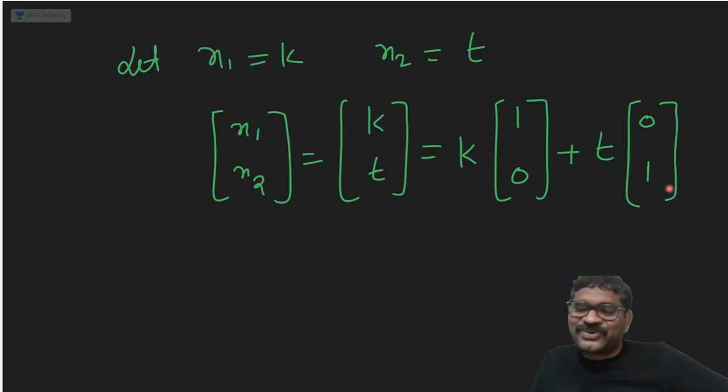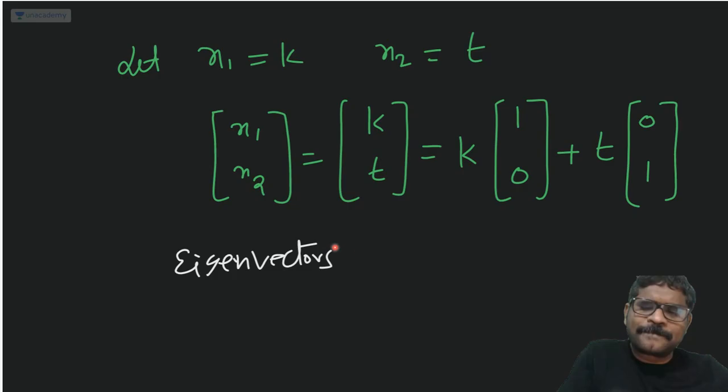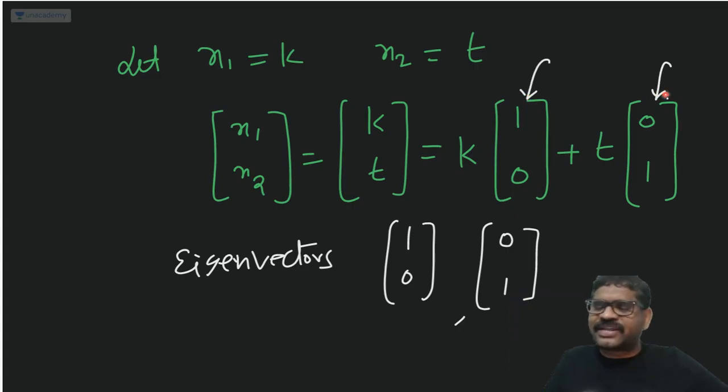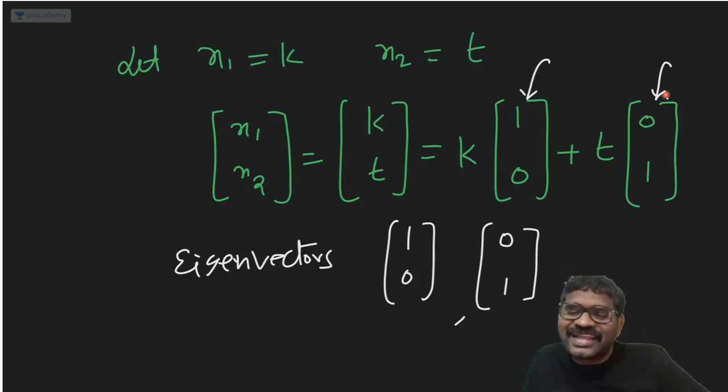Now the eigenvectors are nothing but (1, 0) and (0, 1). This is one eigenvector, this is another eigenvector. One minute, observe how these two eigenvectors are created with the help of free variables.